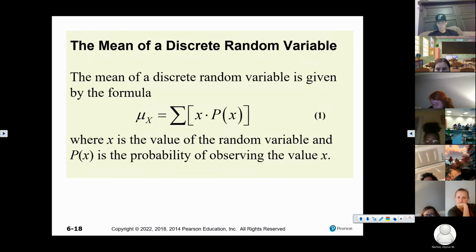Expected value. It's a 25-cent word for the mean. So I want you to make that note here that the mean is also called, in certain contexts, the expected value. And put life insurance, because that's the question we're going to go over today about life insurance.